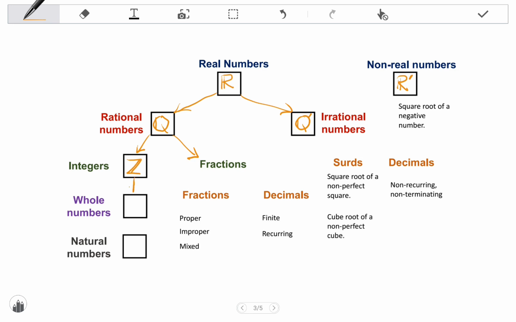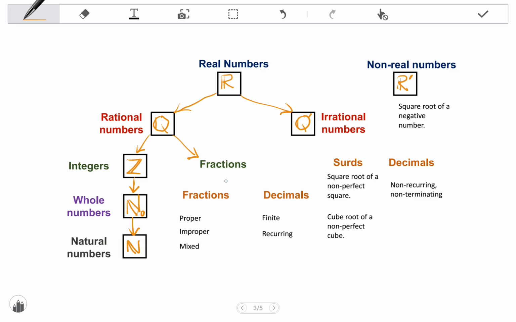Then within the set of integers, we have whole numbers, which are represented with the N and the little 0. And within whole numbers, we have natural numbers, which are represented by the N without the 0. Okay? It is very important that you know these symbols and are able to use them and recognize them. You will be tested on them, so please learn them.